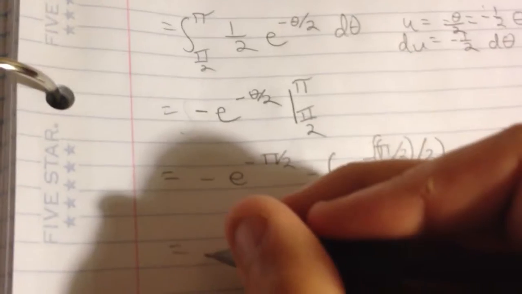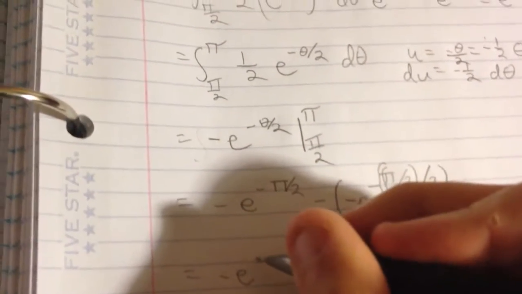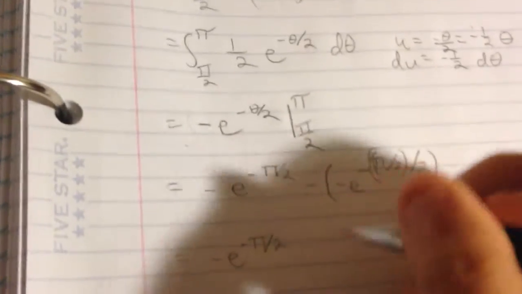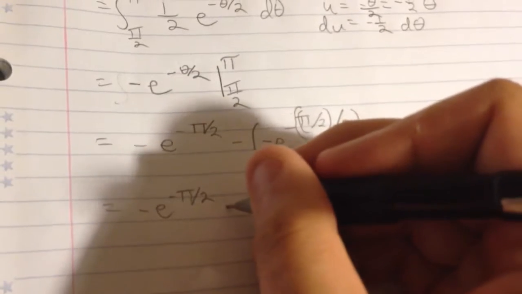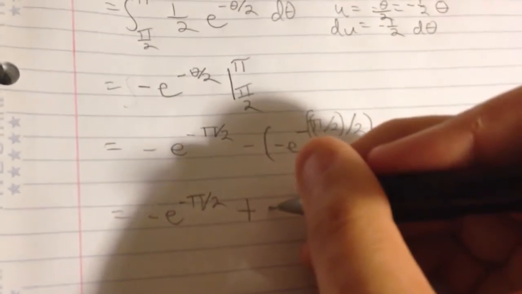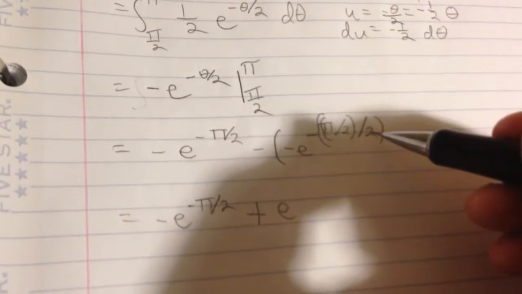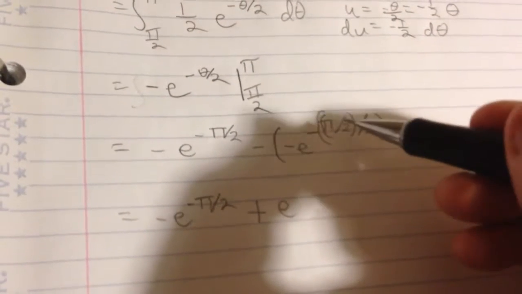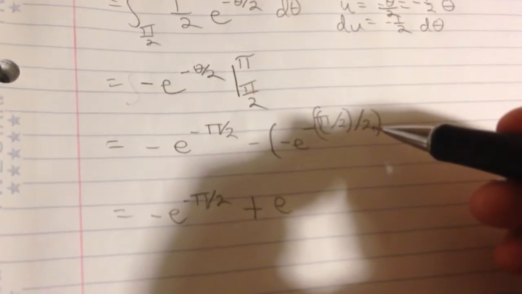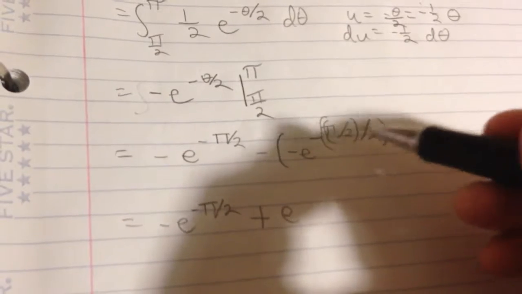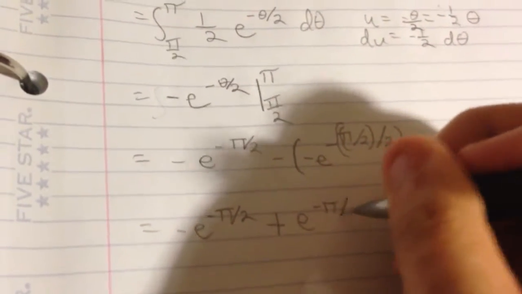So we're going to go down here, and you're going to get negative e to the negative pi over 2. These negatives that you see here are going to become a positive. E, now negative pi over 2, of course you divide that by 2. You just multiply the small denominator by the larger denominator, and you're going to get negative pi over 4.